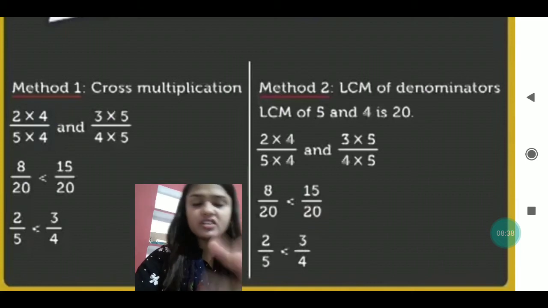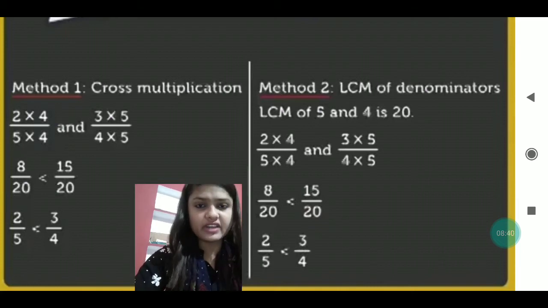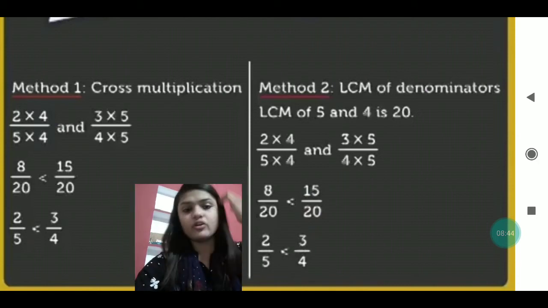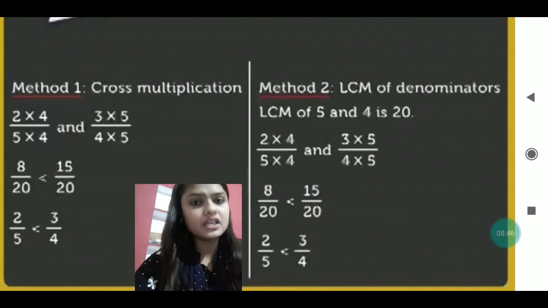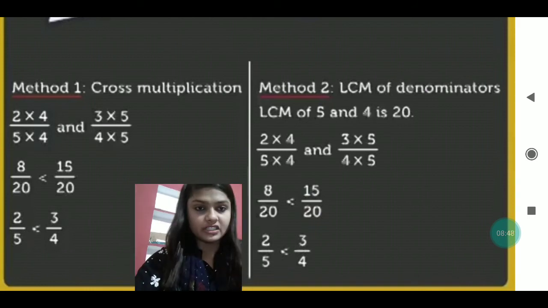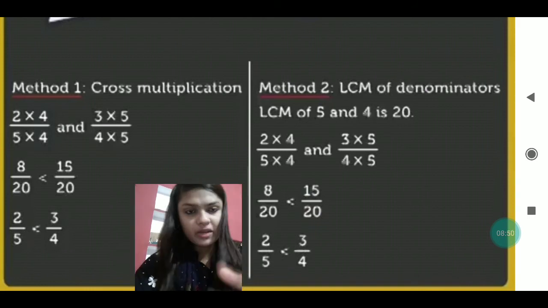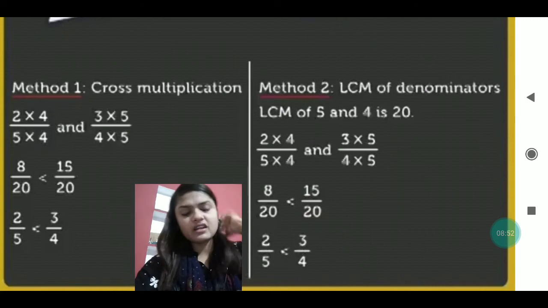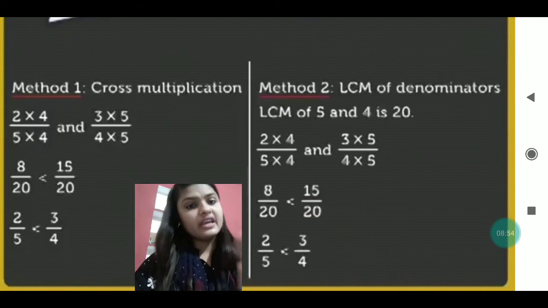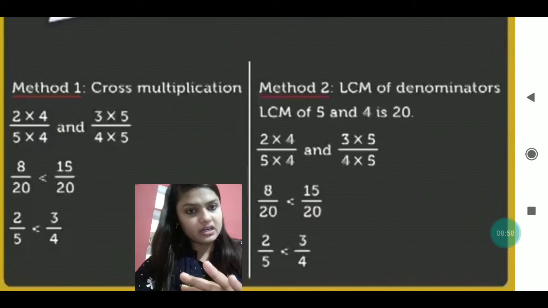You have to find out which number is greater, because the numerator and denominator are both different. When both are different, you have to do cross multiplication. If the denominator is the same, the greater numerator is greater. If the denominators are different, the smaller denominator becomes greater.